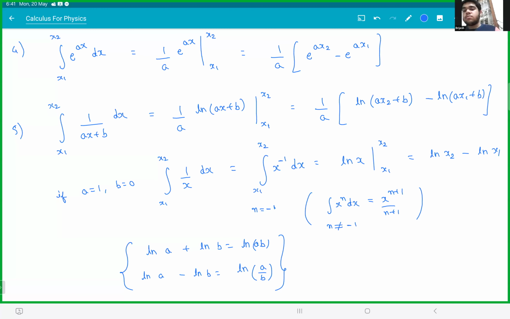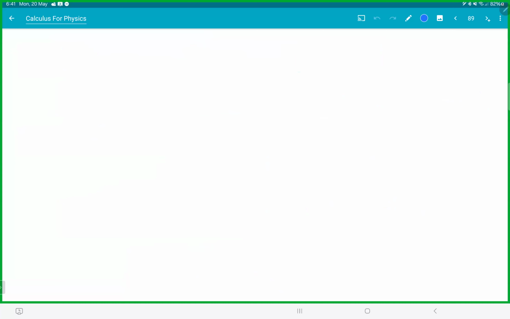Yes. Great. Now, after this, we have 2 identities. Actually, there is a product also, but we don't need it. The first one, integral a into f of x dx, where a is a constant. So you can just push the constant outside and integrate normally. Just like differentiation.